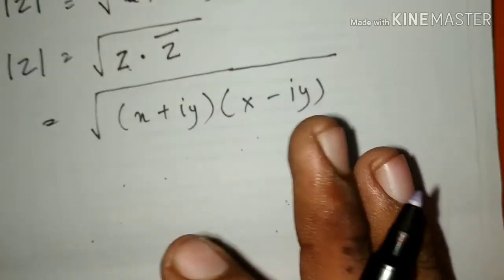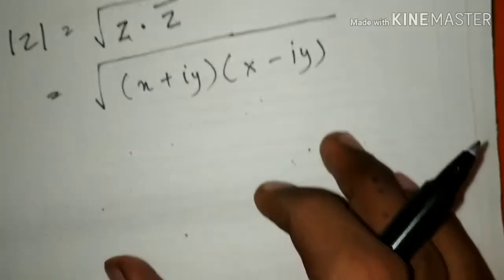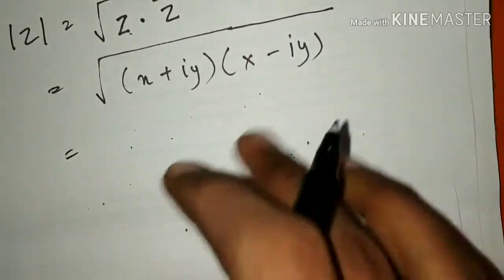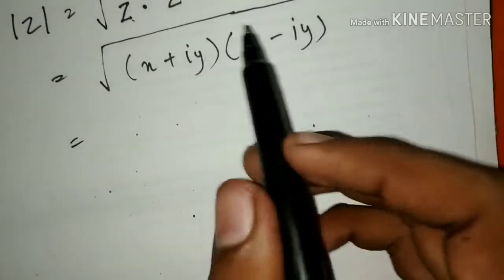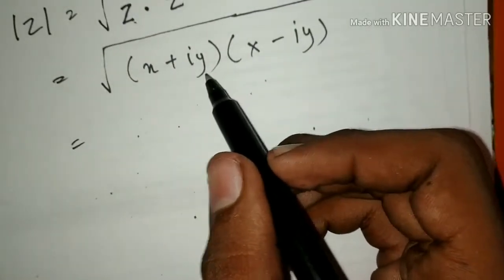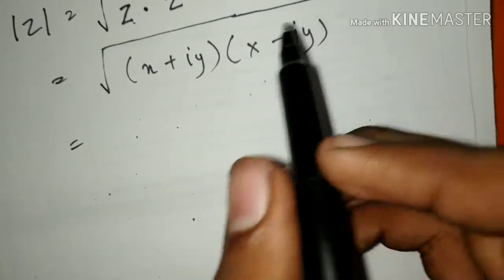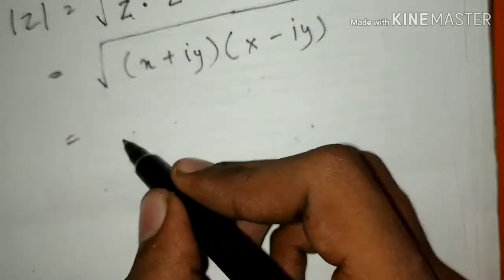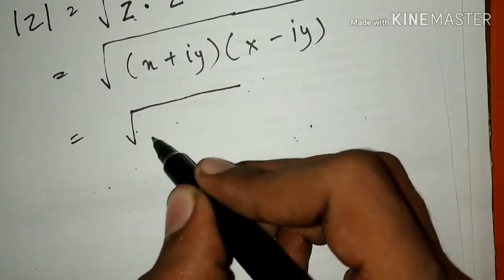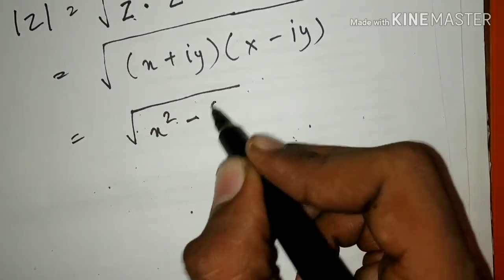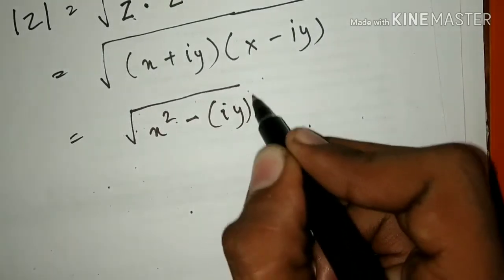See, it's a plus b into a minus b, so remember the formula we learnt, that is the square root of x square minus iy the whole square.